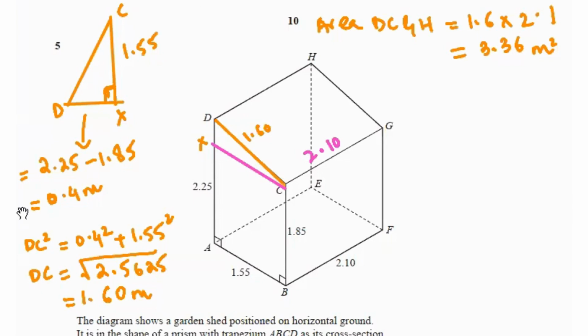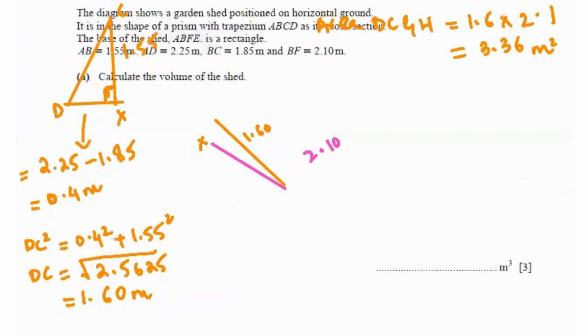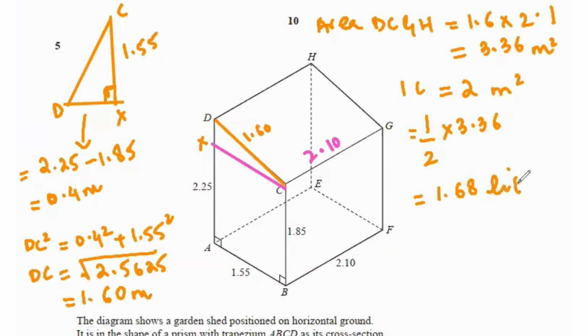So for the paint, it said that 1 liter of paint covers 2 square meters. So how many liters are covering this much area? If 1 liter is 2 meters square, then for 3.36 meters square, we will do 1 over 2 times 3.36, and that will give us the total liters, which is 1.68 liters. That is your answer for the amount of paint used to cover the top face.